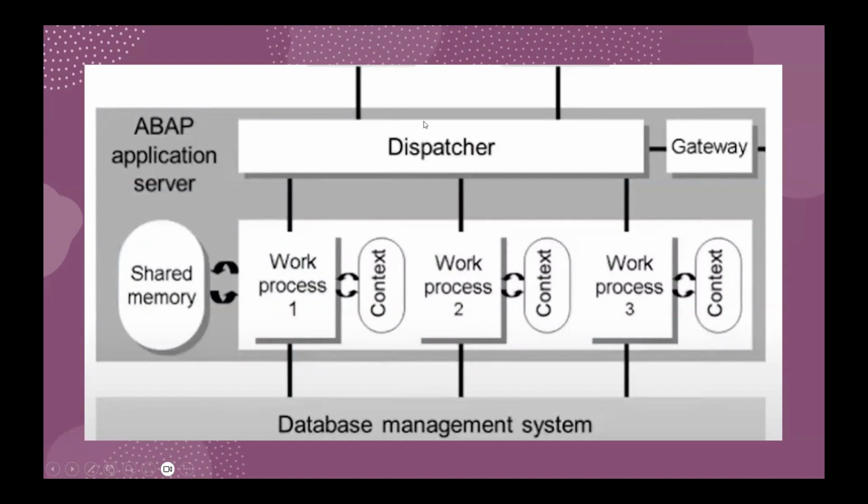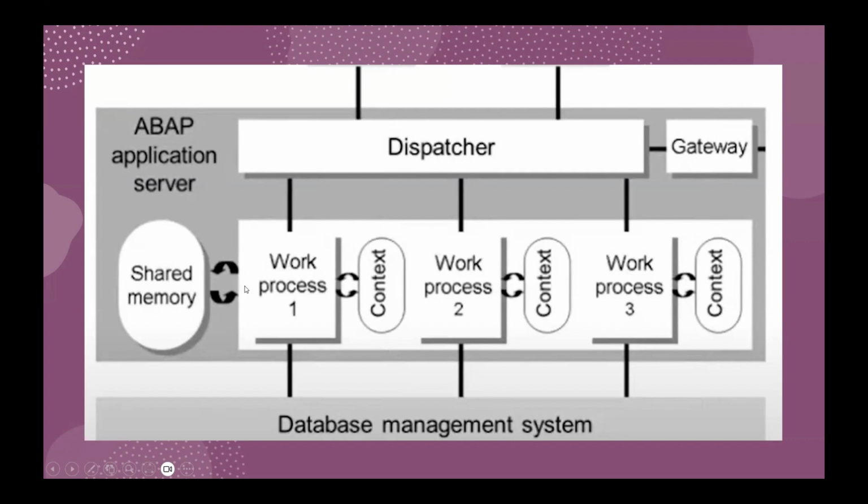So, you guys asked me how the R3 buffer works. See here, there is a shared memory which is communicating with the work process. This is also called the R3 buffer, but in this diagram they mentioned it as shared memory. If the user is logged in via GUI, the dispatcher assigns the request to the work process, and the work processor will check in the shared memory whether the data the user is fetching is available or not.